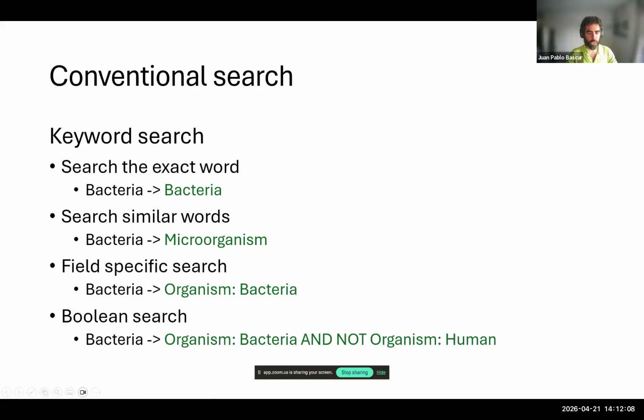And finally, the Boolean search, where you concatenate a long query and you make conditions where certain things must be or must not be, or you create more complex logical patterns. So this is the most typical thing that people do, and it's usually enough. If you already know what is the paper that you're looking for, you can find it using this.